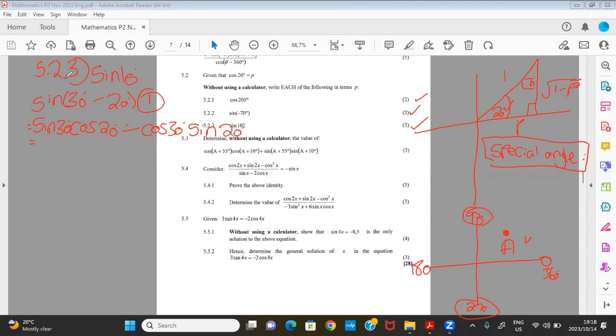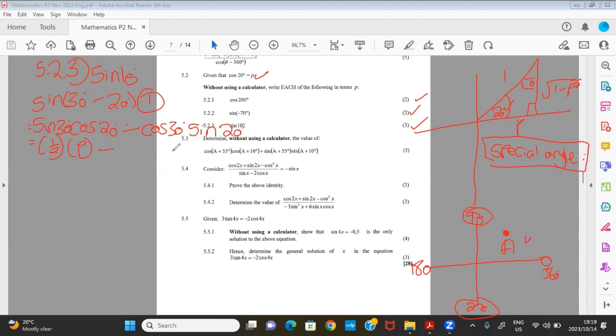And then we know 30 is a special angle, right? So sine 30 now is going to be what? It's a half. Then cos of 20 we are given here is p.